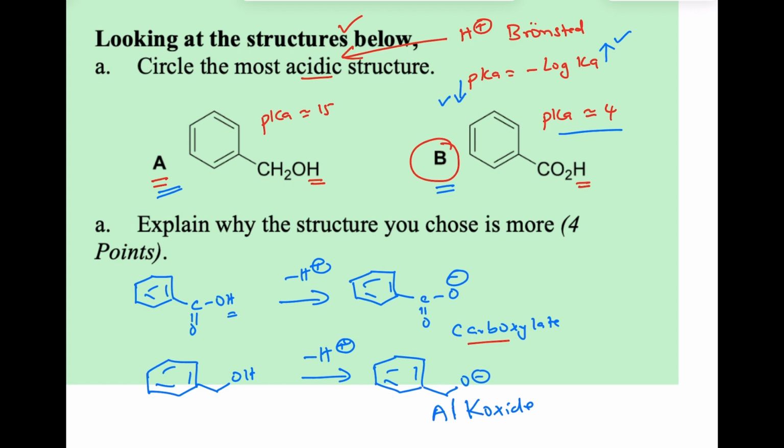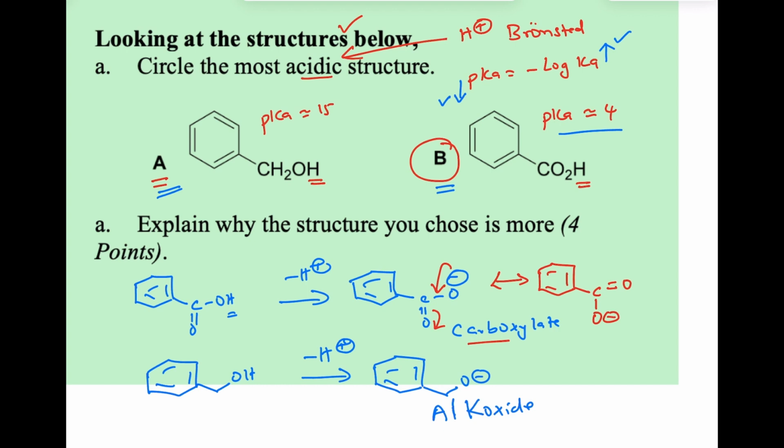Carboxylate ions are more stable because you can draw resonance structures. You can move that minus charge, or 2 electrons, to form a double bond, and then you move this other one there, and you end up with a new resonance structure. Nothing is happening to the ring. But now that oxygen has a minus charge, while the other one now has a double bond.